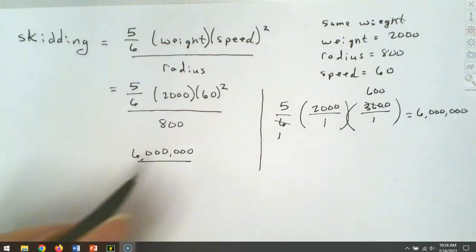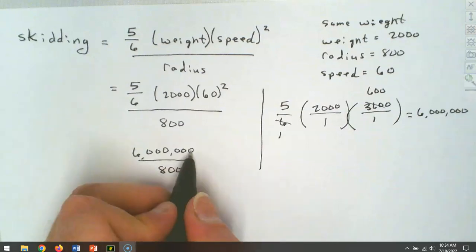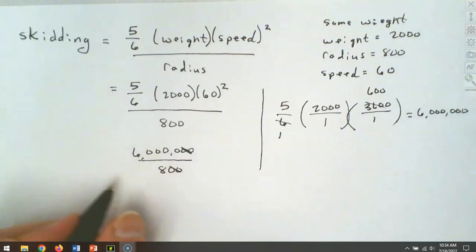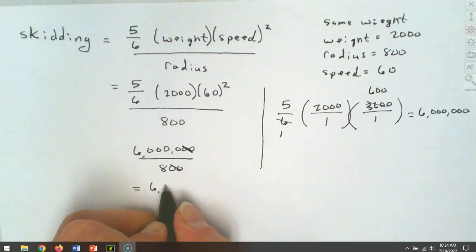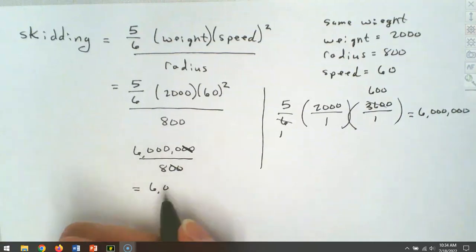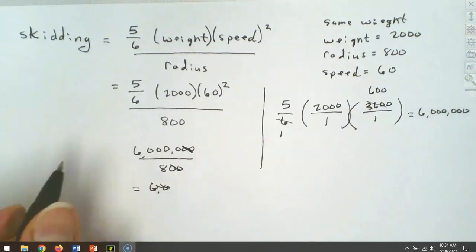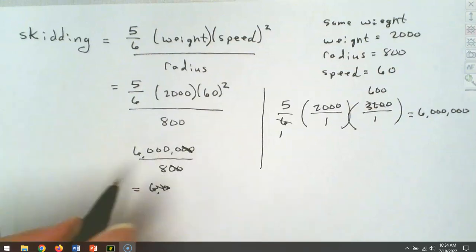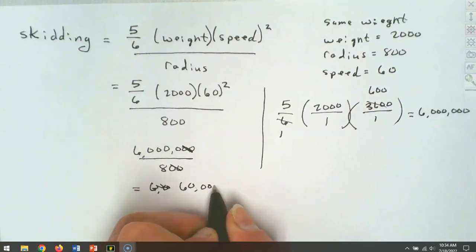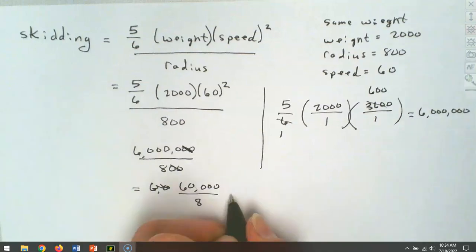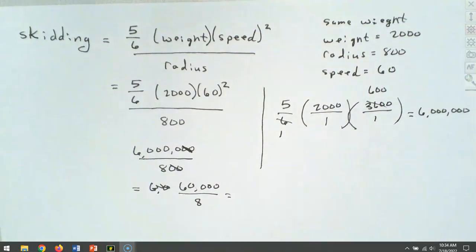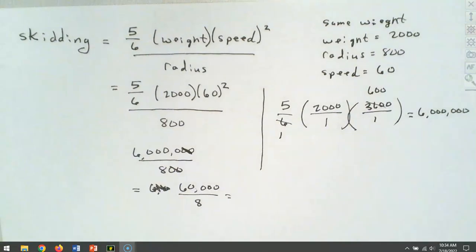We're going to divide that by 800. So those can cancel. 2 zeros cancel out. So that's then 60,000 it looks like. Yep, because those 2 zeros are gone. Over 8. And 60,000 then divided by 8. And again, you could just use a calculator here. I'm just doing most of it by hand.